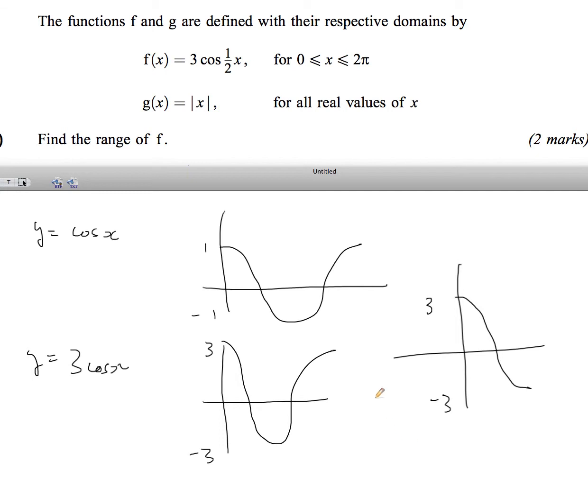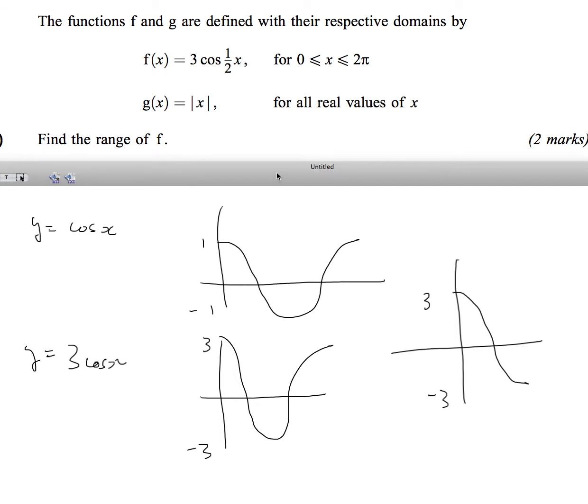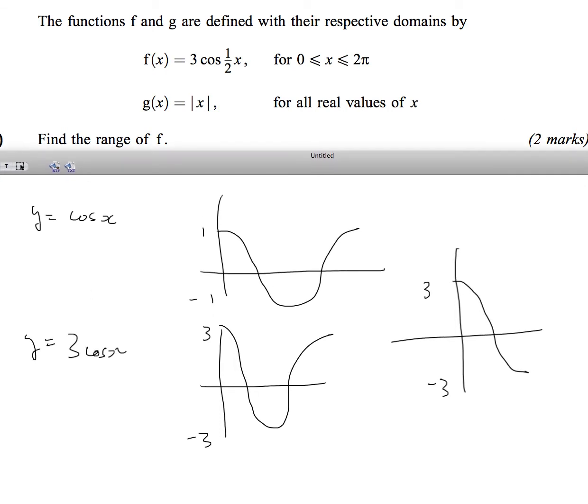I hope I've got that right. Let's pause that and see. Yeah, so that's okay, except this will be 2 pi here. So my drawing's a bit, it should be fatter, as it were.